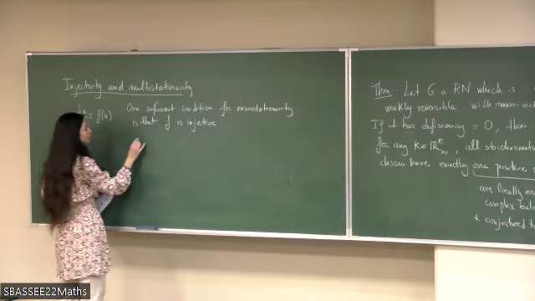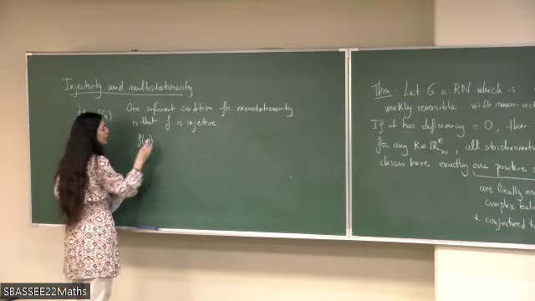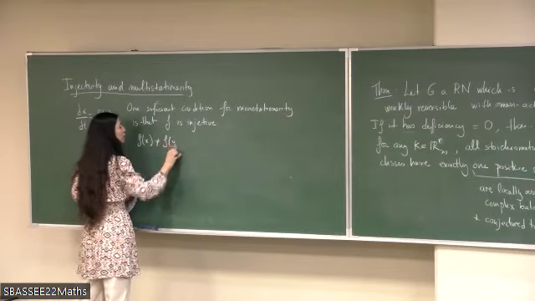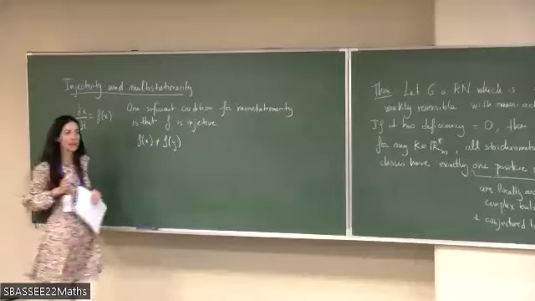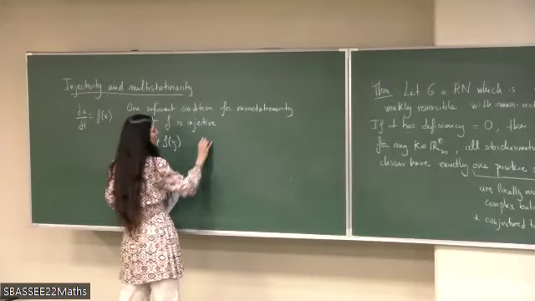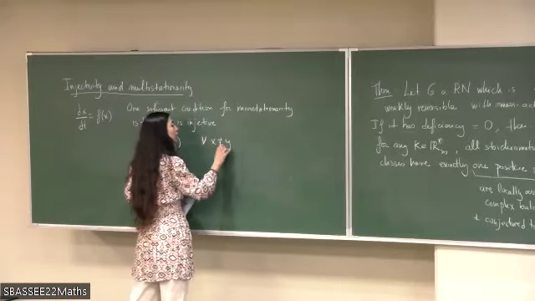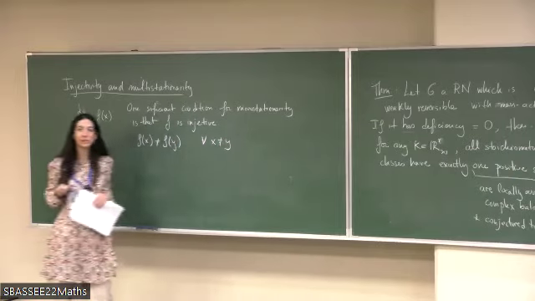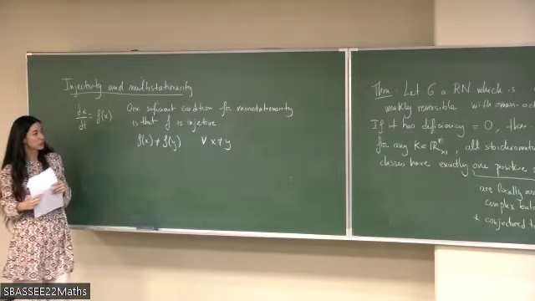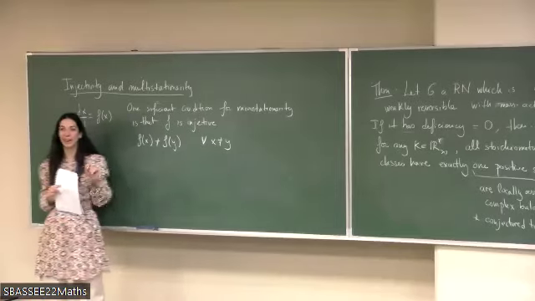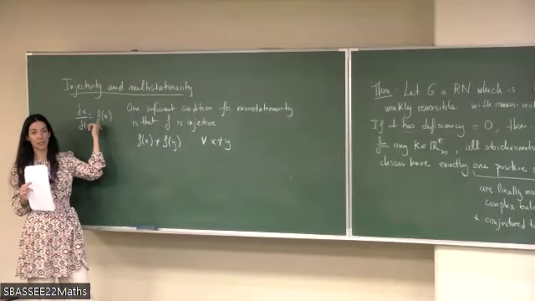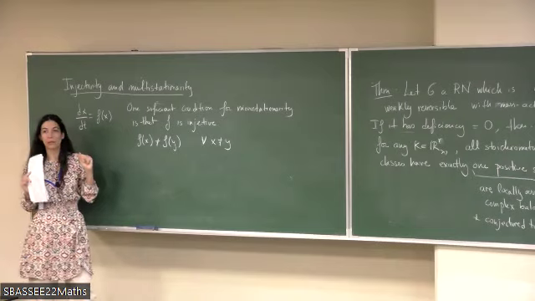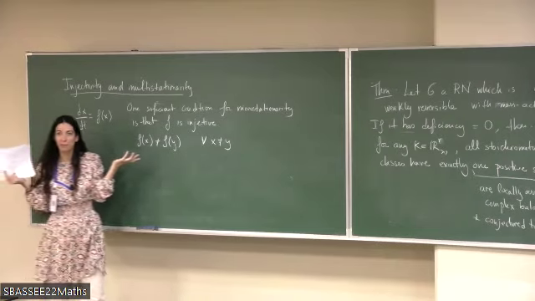If f(x) is different from f(y) for any different x and y, then there's no way that two different points in our R^n give f(x) equals 0 at the same time, right?